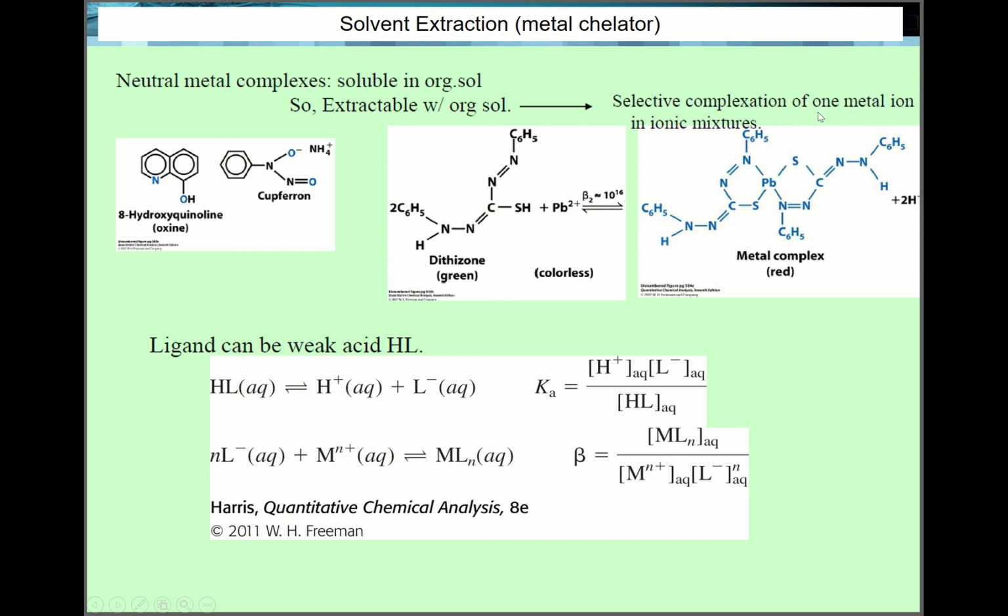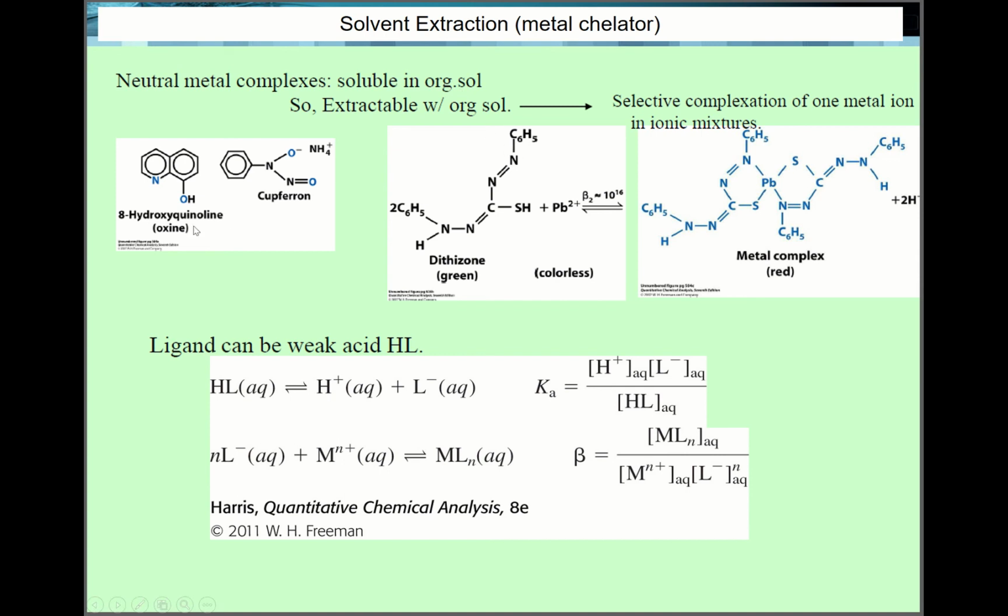Selective complexation of one metal ion in ionic mixtures. These complexing agents are used to extract metal ions into the organic solvent.